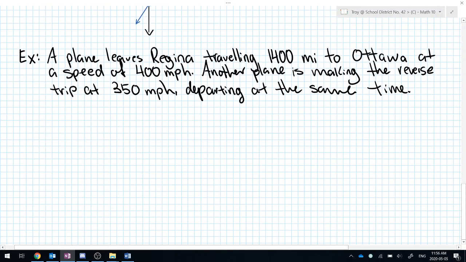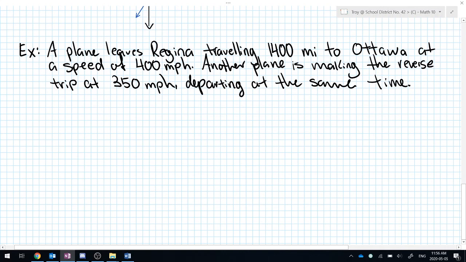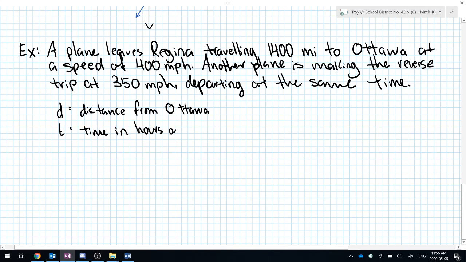So what I'll do here is, I know I didn't ask the question yet, but we're going to set up a system here. We're going to make two things: D and T. D is going to be distance from Ottawa, and T is time in hours after departure.